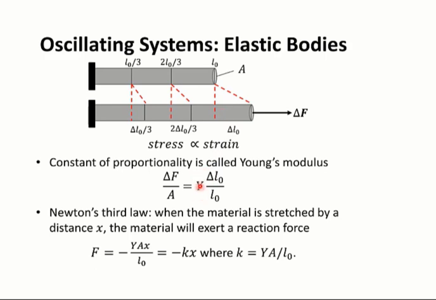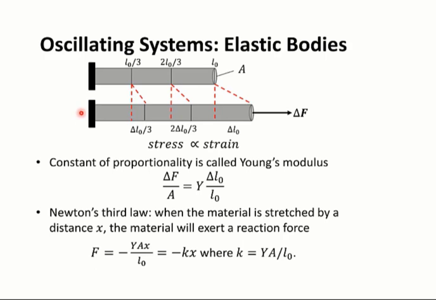Now, from this expression, actually you can find out the force acting on that elastic object to produce a deformation equal to delta L0, if you know Young's modulus, the initial length of this object and the cross-sectional area. Now, according to Newton's third law, if we apply a force F in order to stretch this elastic object, this object will also exert a reaction force which will be equal to that force but in the opposite direction, right?